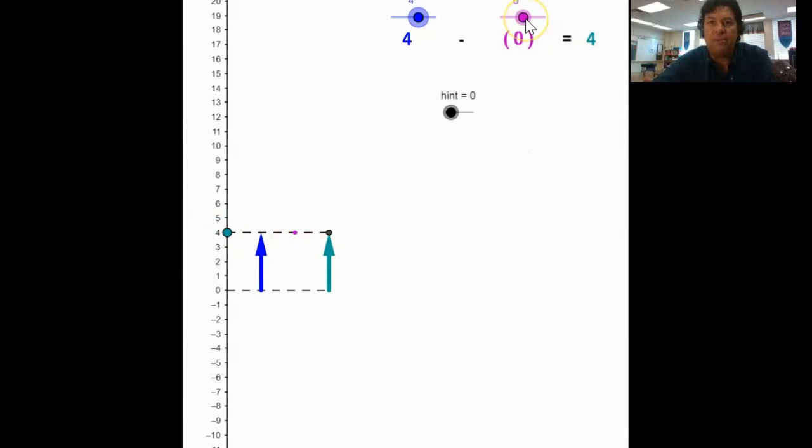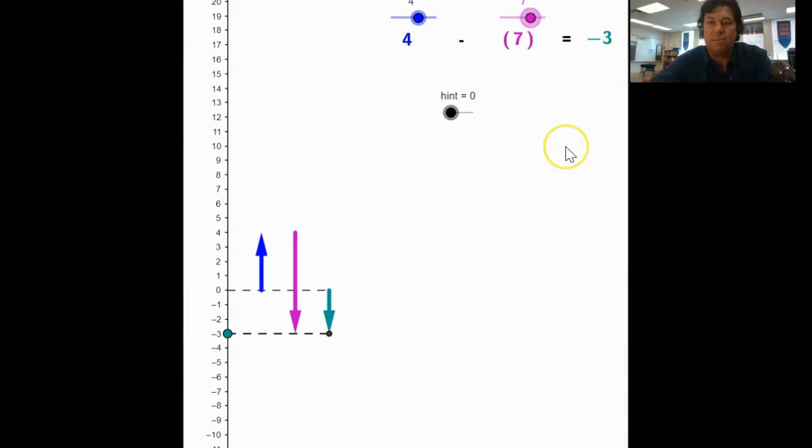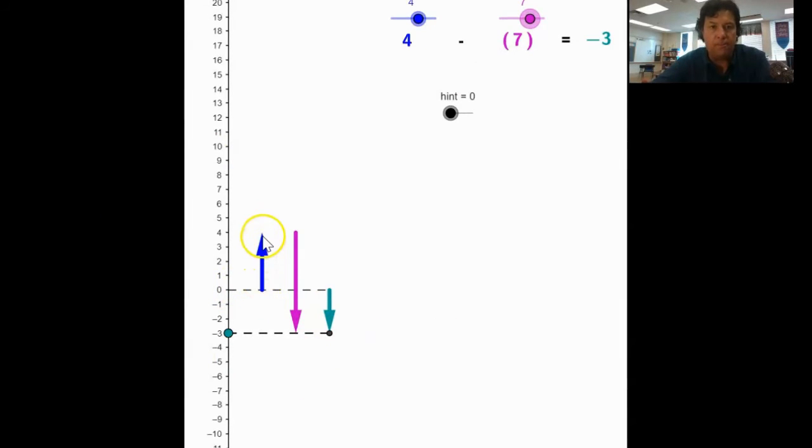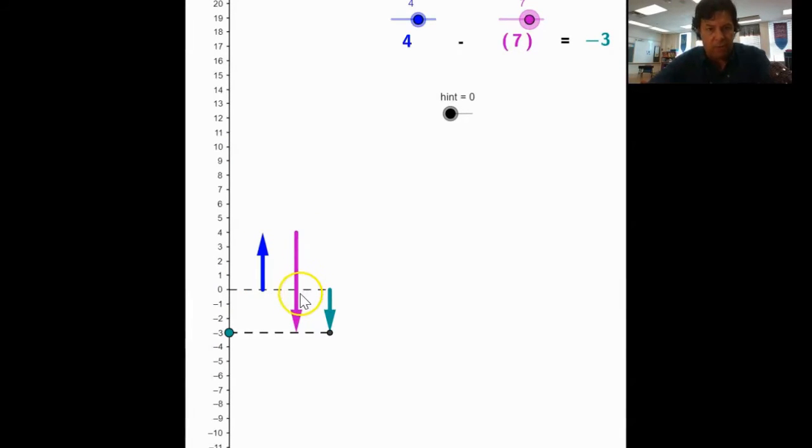But watch what happens if we subtract 7. All right, 4 minus 7. If we look down here, we can see that our starting point was 4, and then from 4, we're going to subtract. On a vertical number line, that means going down. So we go down 1, 2, 3, 4, 5, 6, 7, and our answer is -3. So that's pretty cool. But watch this.